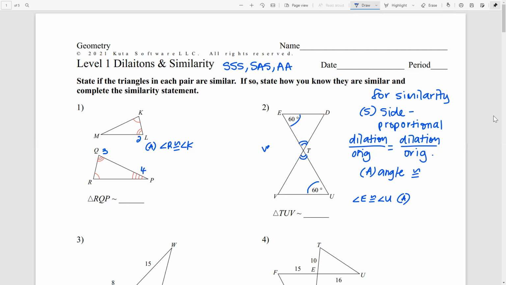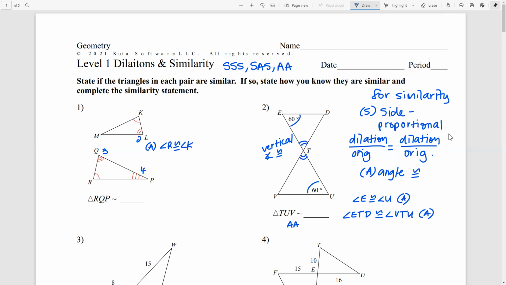We know that vertical angles are always congruent. Therefore, I have the fact that angle ETD is congruent to angle VTU. So that is my second evidence for AA. And that's all I really needed for this angle-angle similarity.